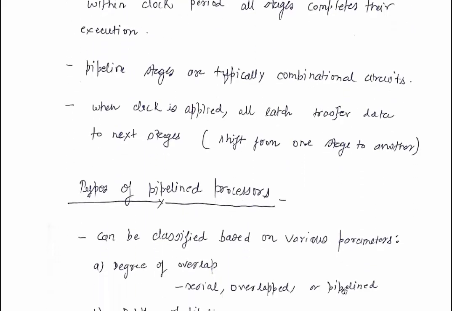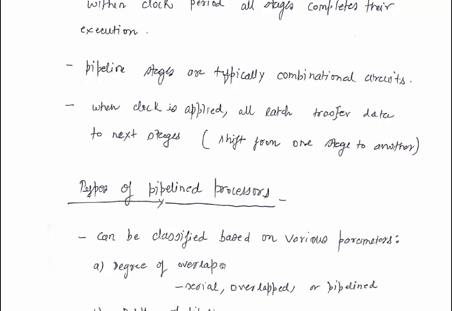Now these are the types of pipeline processors. These processors can be classified based upon different parameters of execution, or different styles of execution.